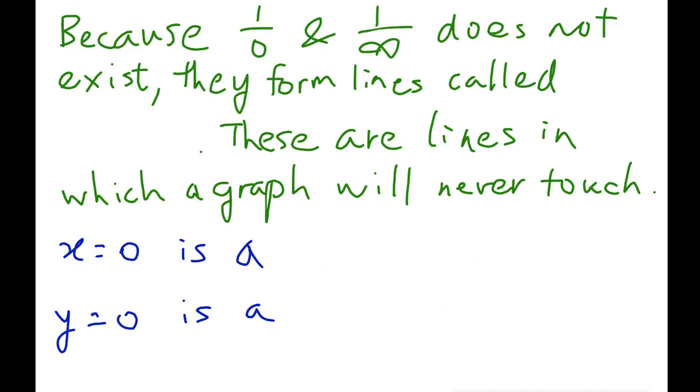And so, there are these lines which they will never actually reach, okay? And I can do any type of shift I like. And because I do any shift I like, they're going to form lines which numbers can never reach. Okay, so, these lines, we're going to call them asymptotes.